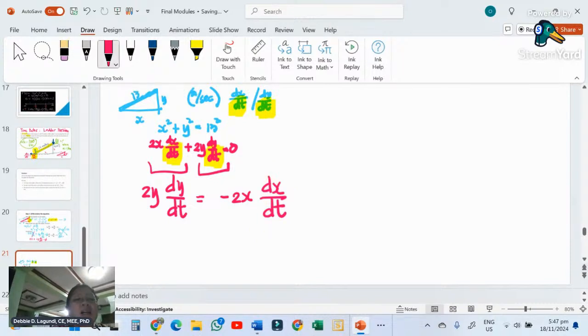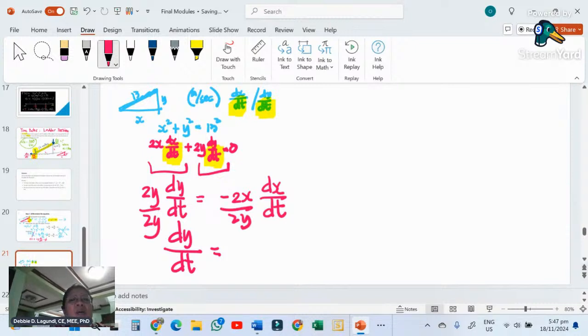Okay, so let's continue. Now we can calculate dy over dt, that is how fast the ladder is moving down the vertical. What will I do? I divide everything by 2y.